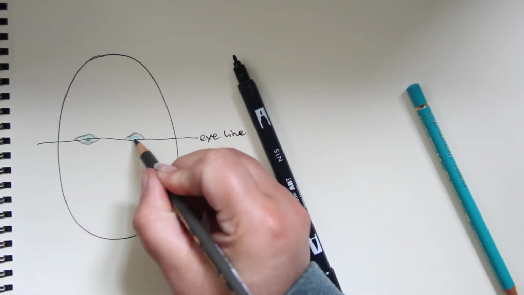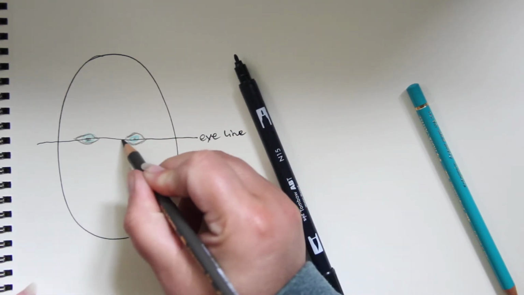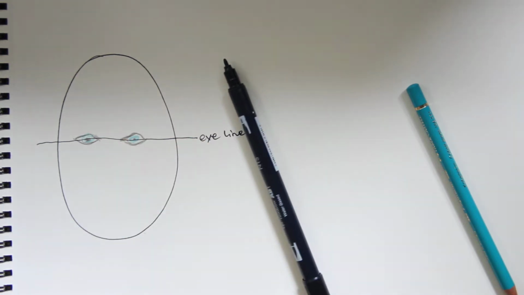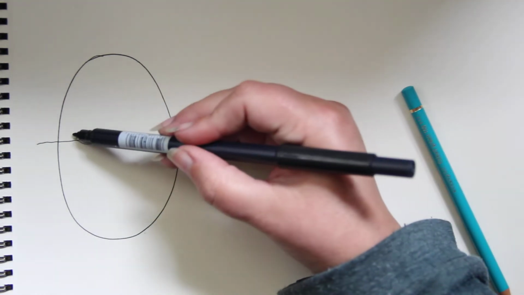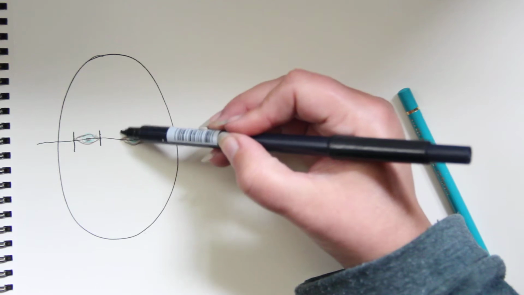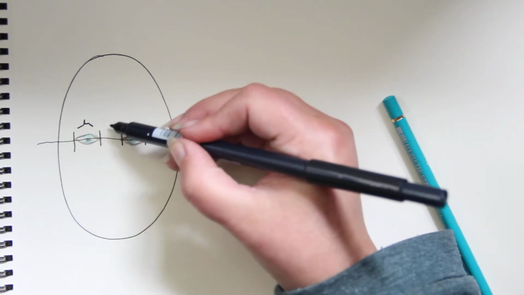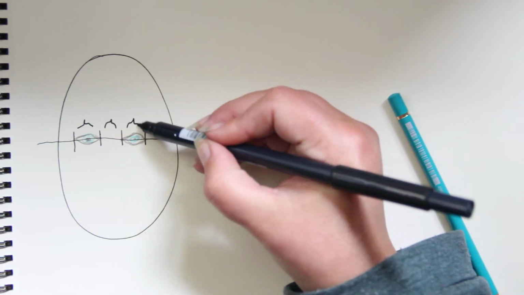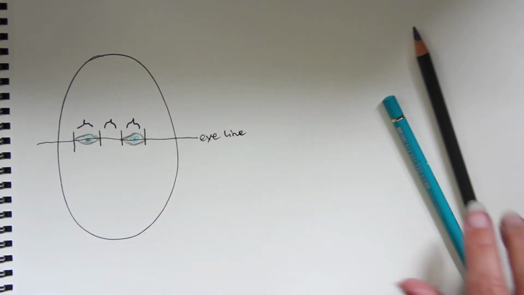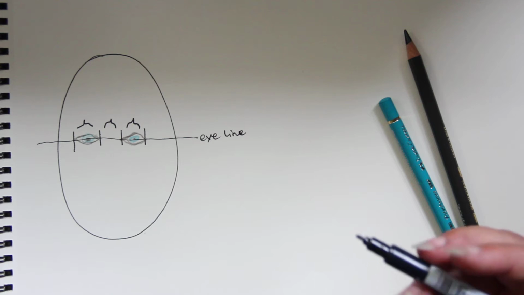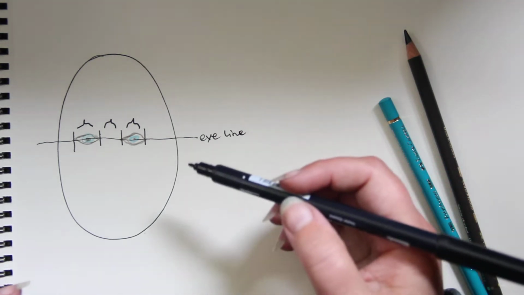There's the pupil. In general, you want your eyes to be one eye width apart. So these should all be the same measurement. Generally. Again, there are exceptions to every rule, and we will get into that.